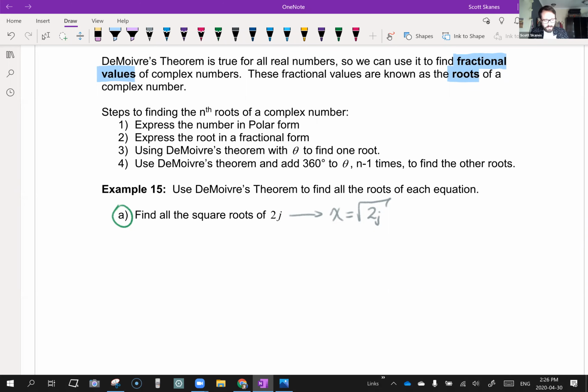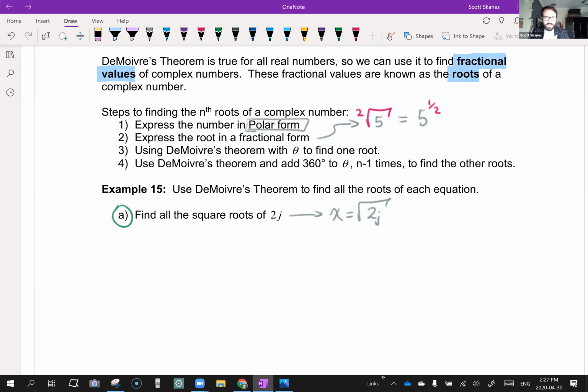The first thing that you need is you need it to be in polar form. Then you need to express the root in fractional form. What that means is if you have a square root of 5, for example, we want to call that 5 to the power of 1 over 2. That's the same thing as square root, remember, means power 1 over 2.